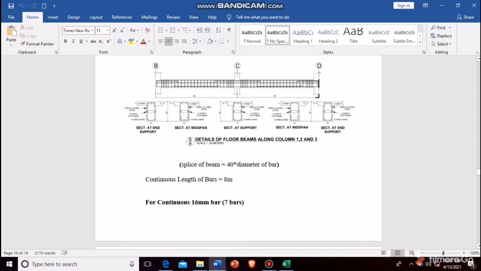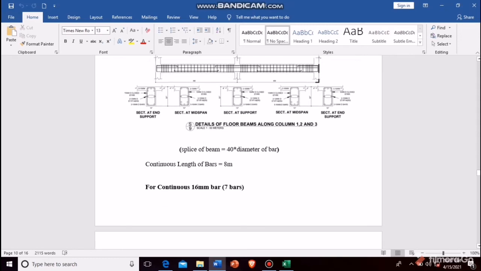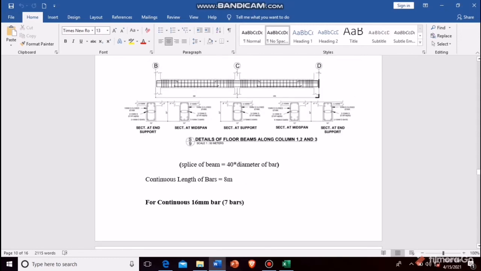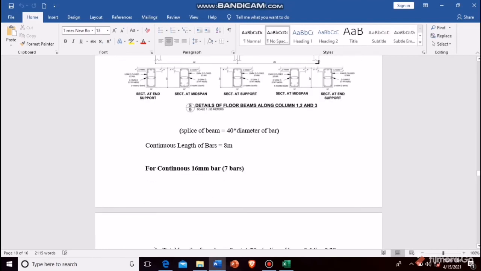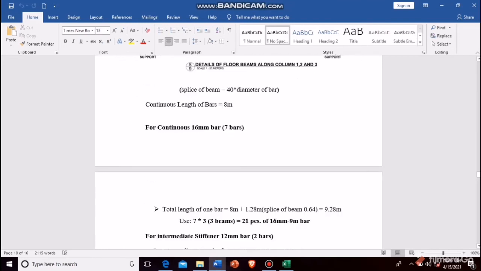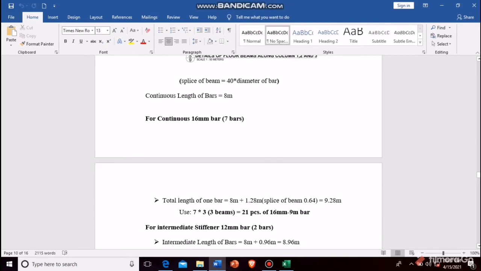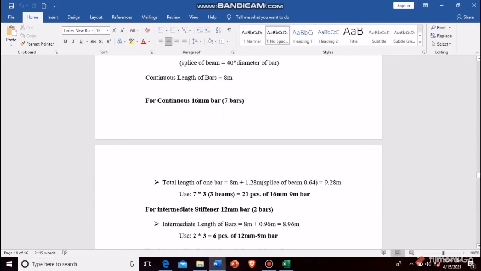Splice of beam, same 40 times diameter of bar. So, assume na po na continuous length para dali siya makalculate. Then, for continuous, 16mm bar, 7 bars, 8 meter. So, ang gamiton is 9 meter nga bar. So, total length of 1 bar is 8 meter plus splice sa beam nga 1.28, that is 9.28.